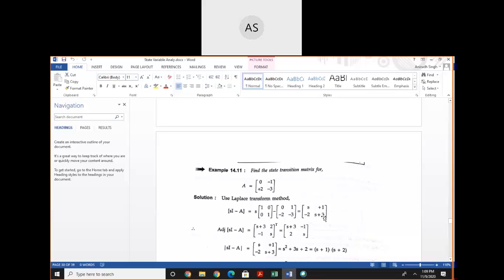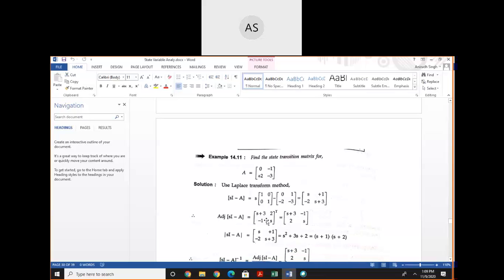Find the state transition matrix for A equal to 0, 1, minus 2 and minus 3. Use the Laplace transform method. SI minus A: S is this, and we get the matrix SI minus A, which is S, minus 1, 2, S plus 3.